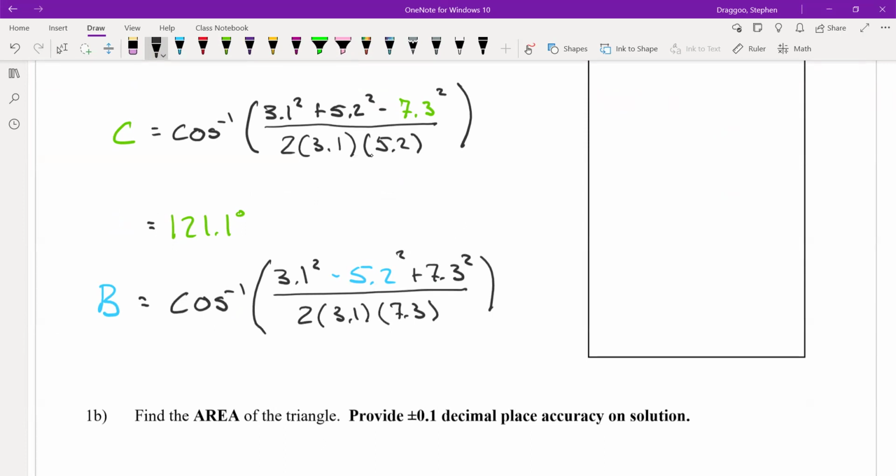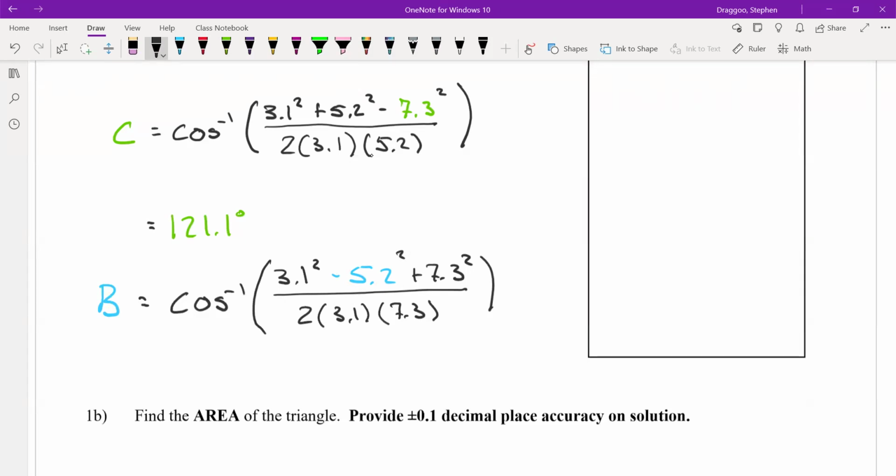Whichever angle I'm solving for, that side length squared gets made negative up in the numerator. So when I was solving for C, I was subtracting 7.3 squared, but adding the other two. If I'm solving for angle B, I want to subtract 5.2 squared, but add the other two. And then the denominator is made up of 2 times the product of the sides that are not the letter I'm looking for.